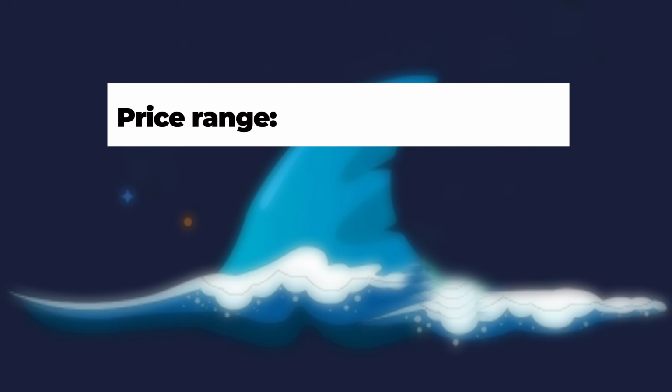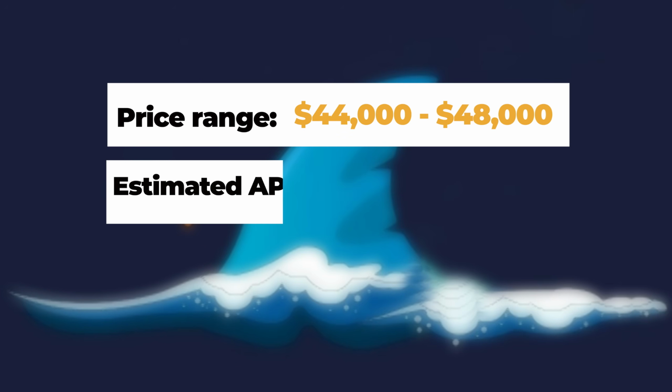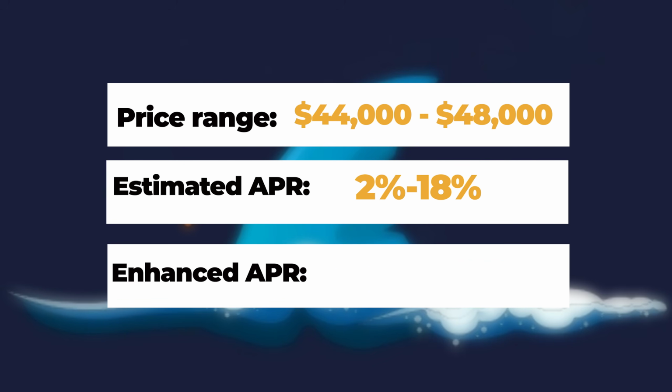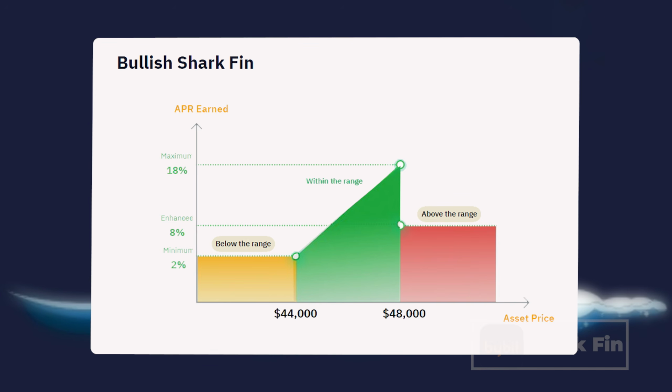Now, let me explain what the Sharkfin is. Let's say the price range of the assets we're looking at is between $44,000 to $48,000. Estimated APR is 2 to 18%, and enhanced APR is 8%. This is how a bullish Sharkfin will look like.